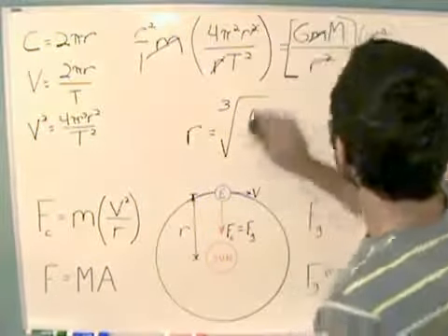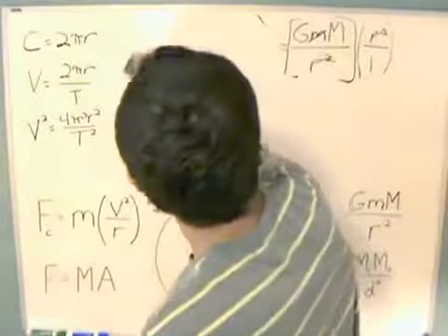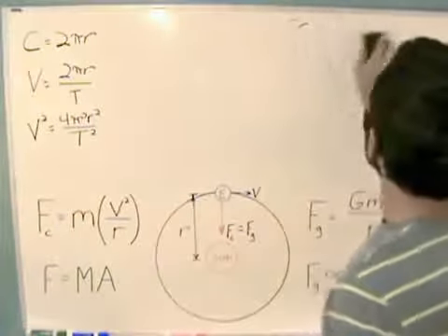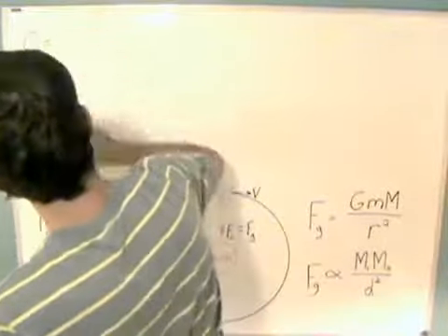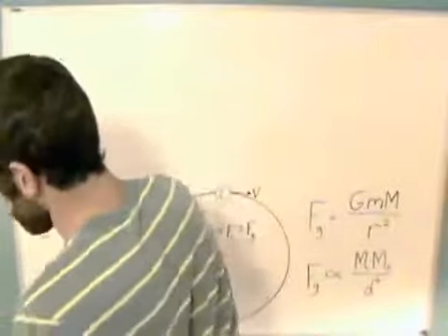Let's back up a little bit. Maybe I'm getting a little ahead of myself here. Go back to this original relationship. We don't need to do this anymore. We'll go back to just keeping it simple.